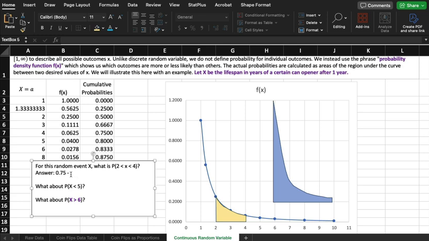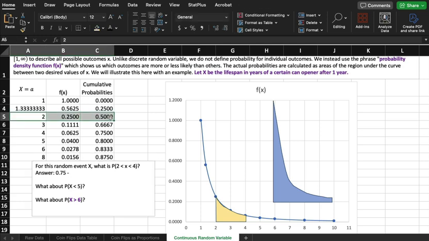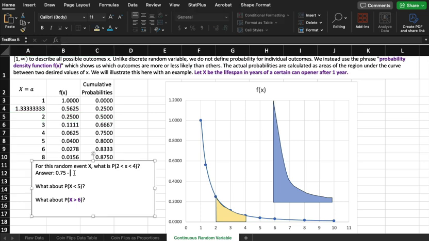So 0.75 minus the number where x is equal to 2, and that cumulative probability is 0.5. So I don't need a calculator for that. That's 0.25. So that's 25%. 25% of all of our can openers will have a lifespan between 2 and 4 years.